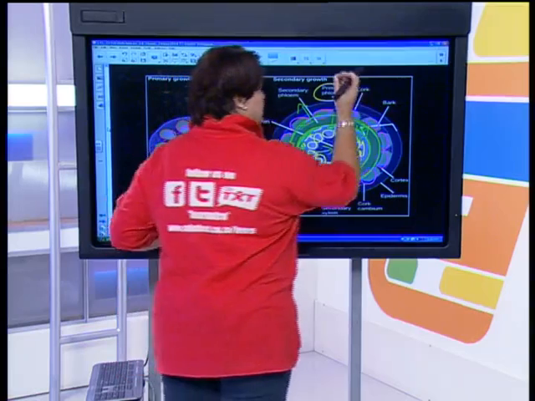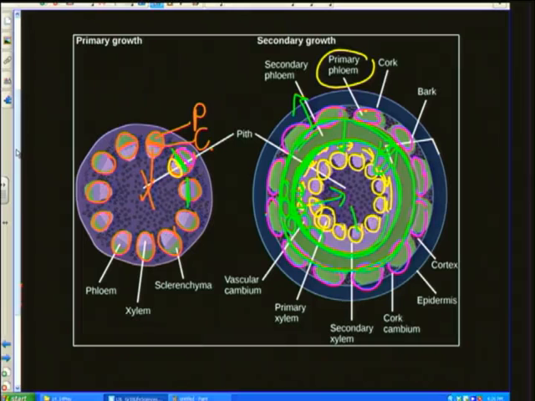So how do we do that? The epidermis, the epidermal cells and the parenchyma cells, the cortex, change and also become meristematic. But what they form is this cork cambium. Much harder. And on the outside, what will eventually happen?